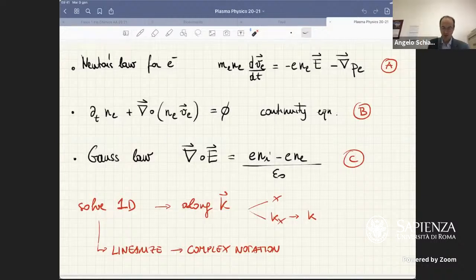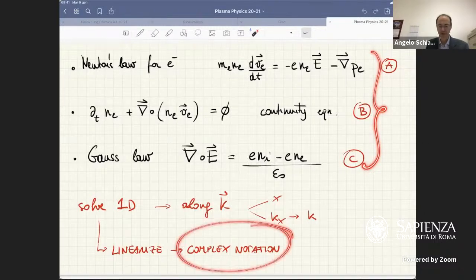The direction of the wave is represented by the k vector, and we look for a solution in 1D. So we look for plane waves in which the electric field and the k vector are parallel to each other. So we linearize the dynamical equations, and we move to the complex notation.